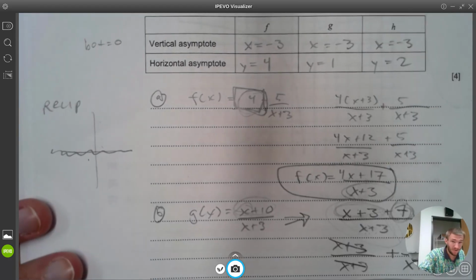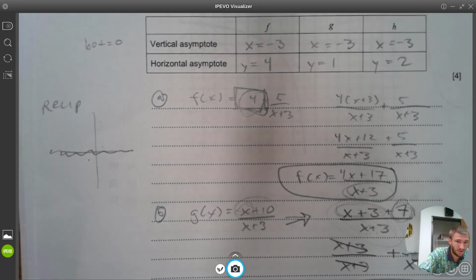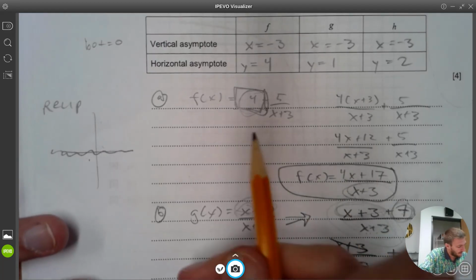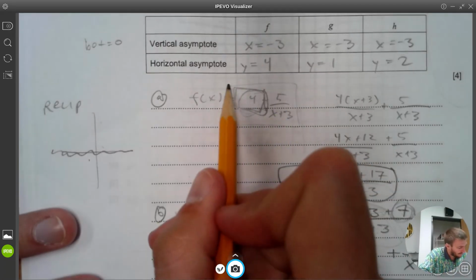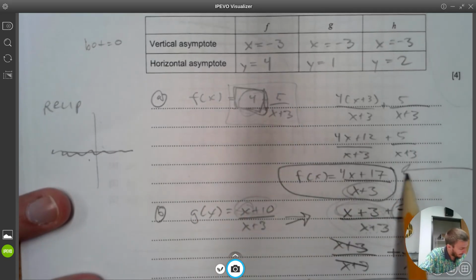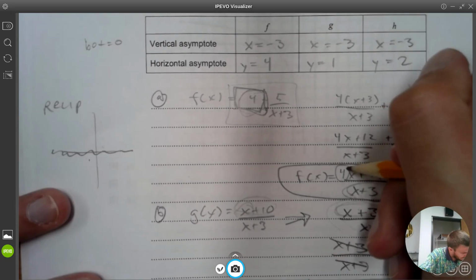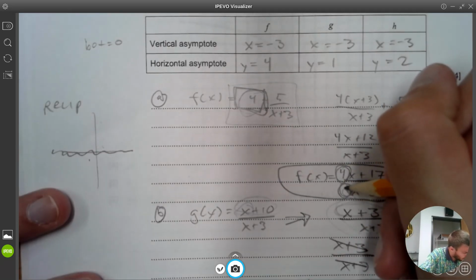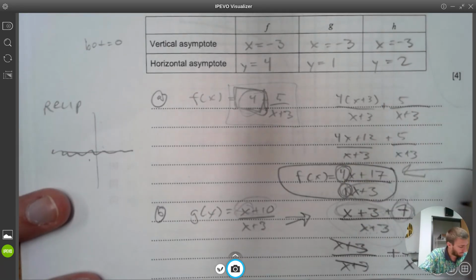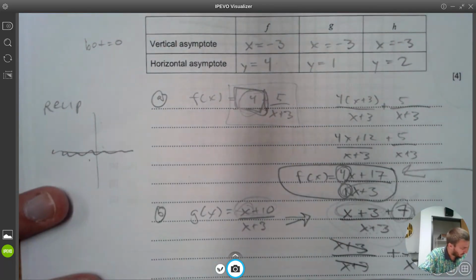The other way you can do it is by understanding how the horizontal asymptote of any rational function works. You compare the leading coefficients of the numerator and denominator. So instead of vertex form, if I think about it in the not vertex form, the 4 and the 1 in front of the x, 4 divided by 1 is 4.